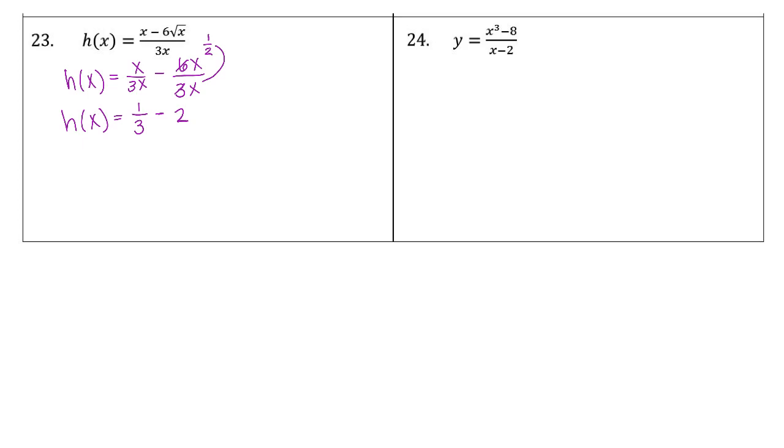And top exponent minus bottom exponent, that's going to give me a negative 1/2. And now when we're ready to do our derivative, h prime at x is going to be a positive x, and then subtracting 1 to the negative 3/2.